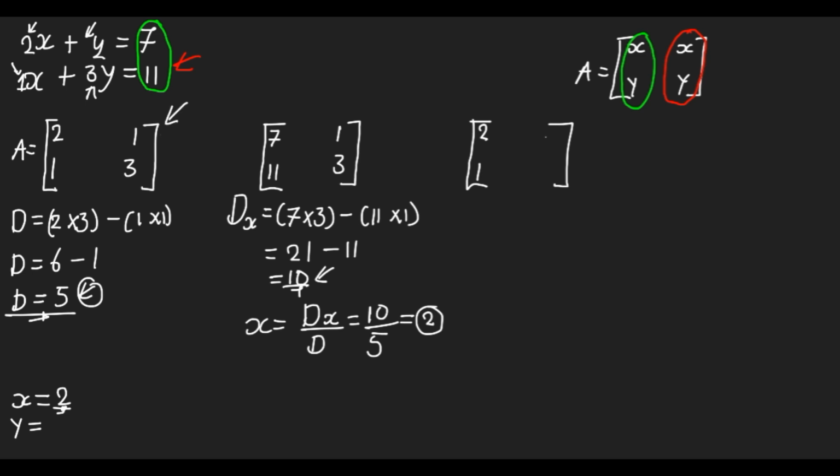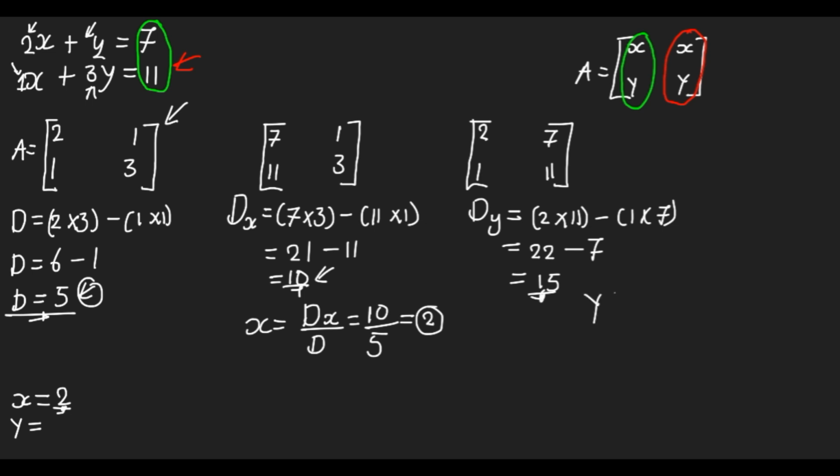Then here we are going to have 7 and 11. So let's find Dy. So this is 2 multiplied by 11 minus 1 times 7. 2 times 11 is 22 minus 1 times 7 is 7. 22 minus 7 is 15.